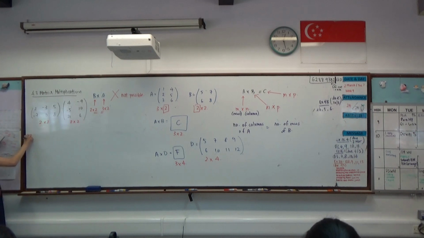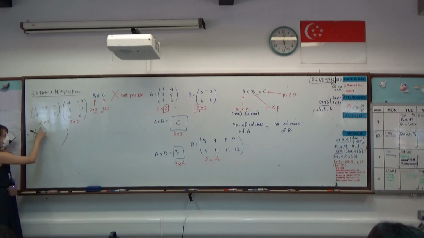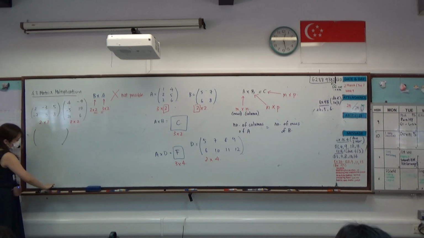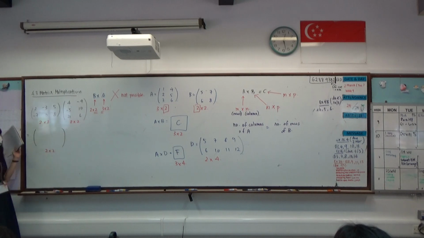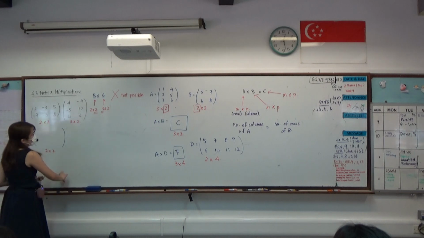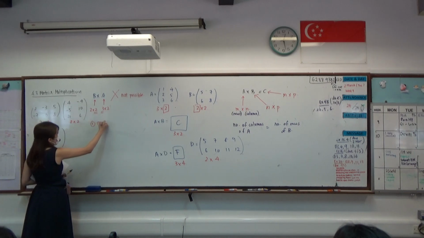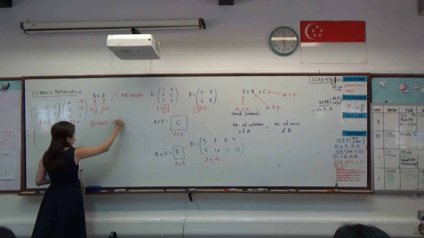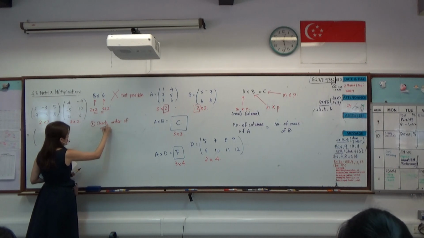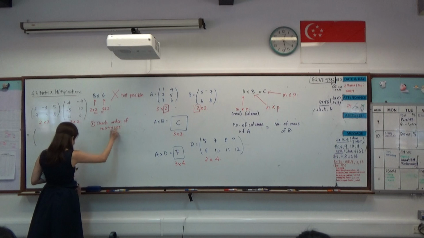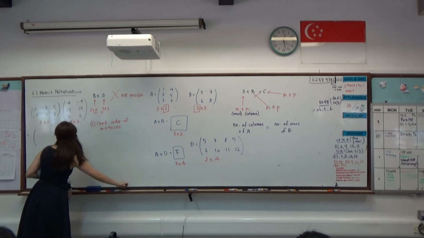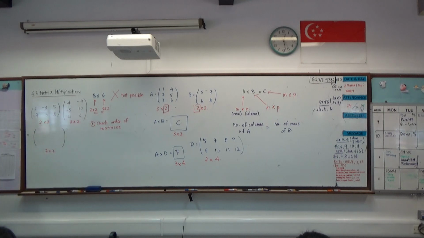I will know that my end product must be a 2 by 2 matrix. Okay, so the first step in doing your matrix multiplication is to check order of matrices. So now, how to multiply and add?